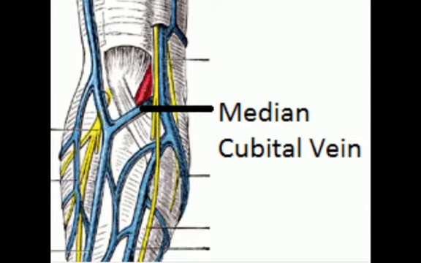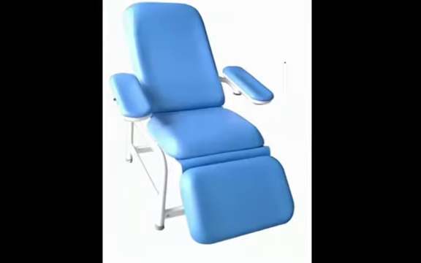Therefore, this vein is the most commonly used for venipuncture. This reduces pain and discomfort for the patient. Venipuncture can take place in a general medical practitioner's office and is often carried out by a trained phlebotomist or nurse. This type of sampling is the most common for biochemical tests.